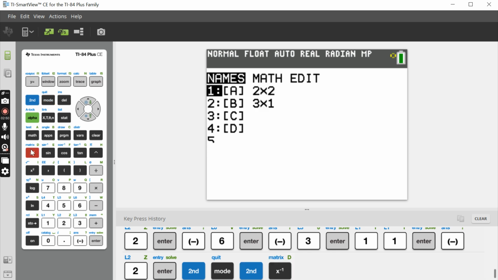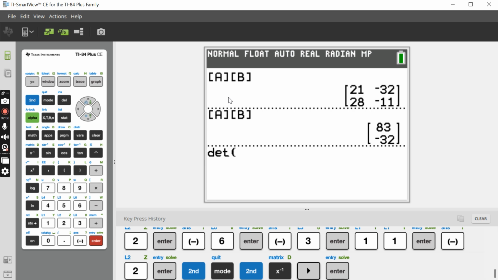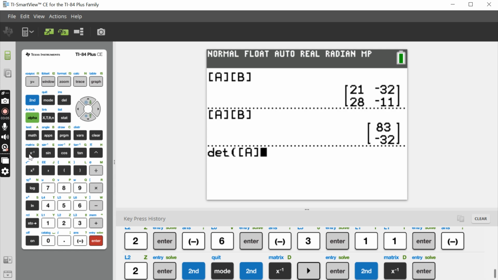Then I'm going to go back to matrix and arrow over to where it says math. The very front has that DET for determinant, and I'm going to hit enter. And then I'm going to hit second matrix and then matrix A. So I want the determinant of matrix A, and it tells me it is 45, which is what we just got.